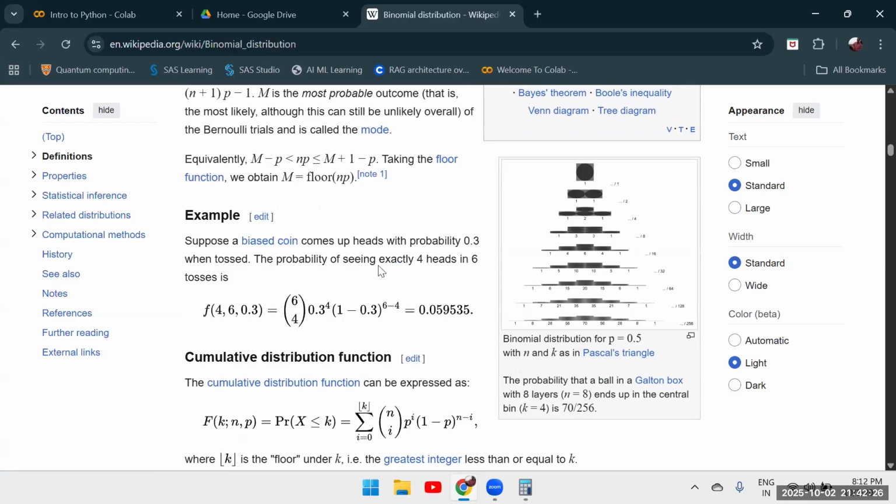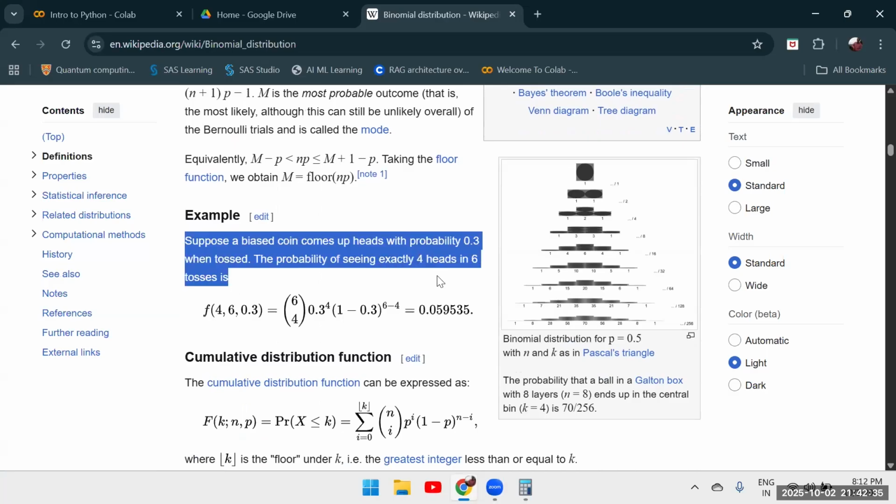If I toss a coin 6 times, what is the probability that I'm going to get exactly 4 heads out of 6 trials?